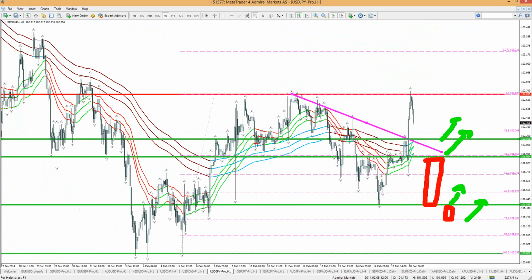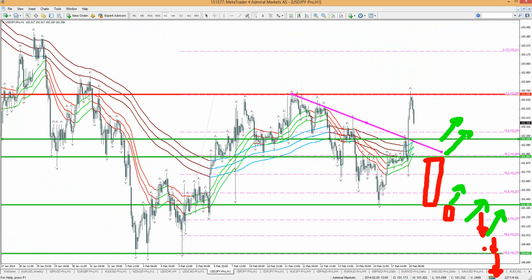All right. Now, if this keeps pushing through, then eventually, of course, we will get a break of the bottom, and then we should see some downside to 100. So I'll put the arrows there on the chart so that everyone can see which spaces there are on the dollar yen.